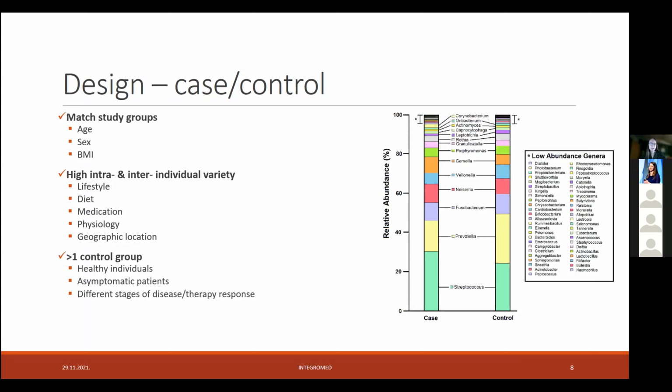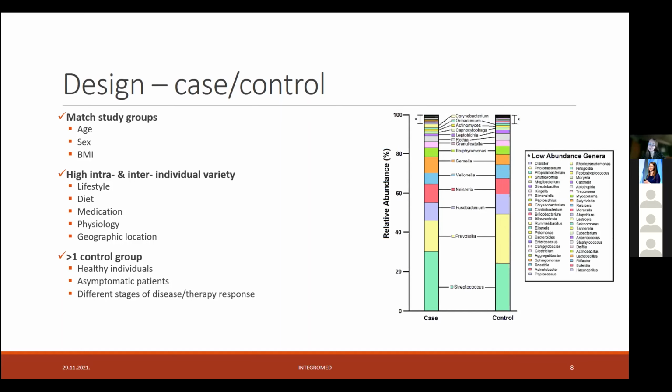And I actually really like this suggestion that if it's possible, maybe we can create more than one control group. So we have used the case control, so healthy disease, using medication, doesn't use the medication. But yeah, we could use this healthy group. And maybe if we are looking at some specific disease, we can also compare patients with specific symptoms and asymptomatic patients.